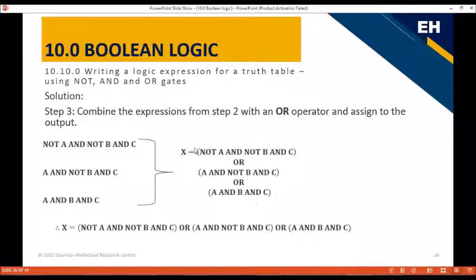Notice that each expression is enclosed in parentheses. It's recommended you enclose each in parentheses before combining. Therefore, we have a single line of output: X equals (not A and not B and C) or (A and not B and C) or (A and B and C).